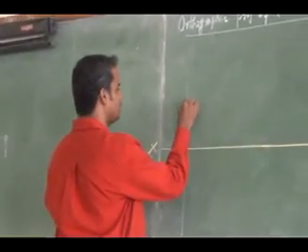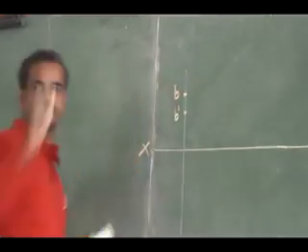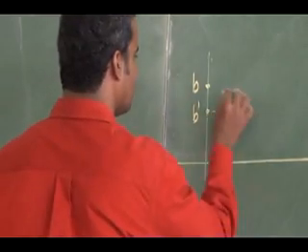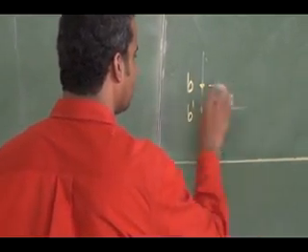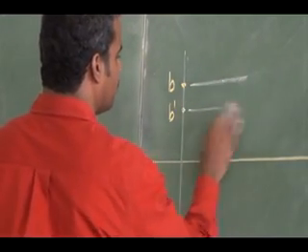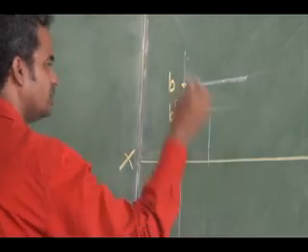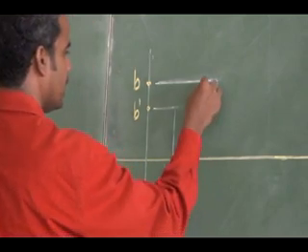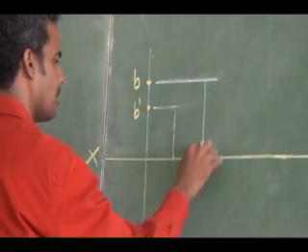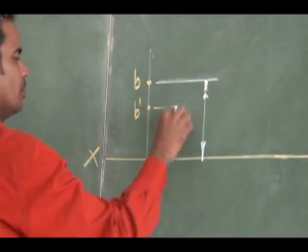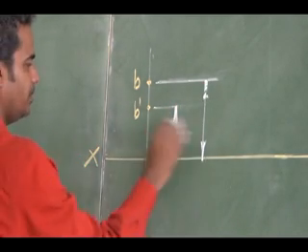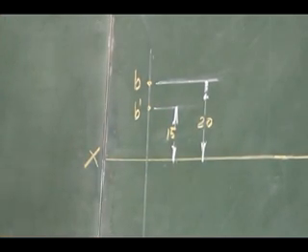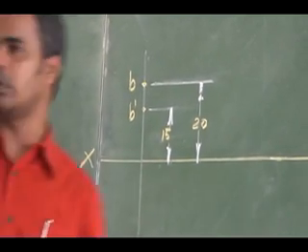So 20 mm from the reference line, I mark A. Then you have to dimension this neatly: this is 15, this is 20. Each dimension will have a gap of 10 mm, and you have to maintain it.